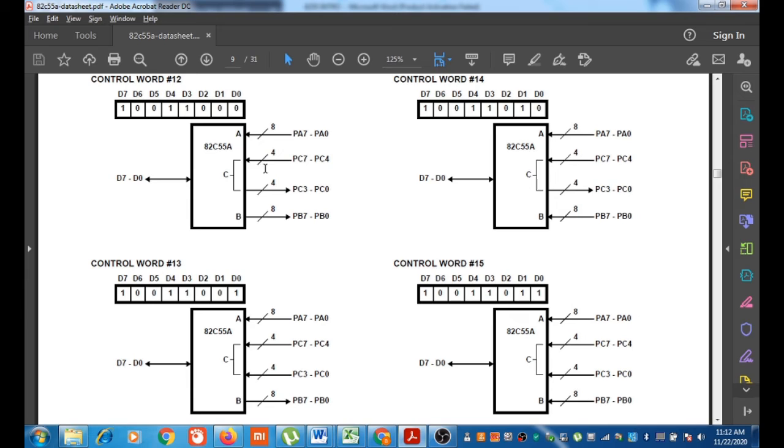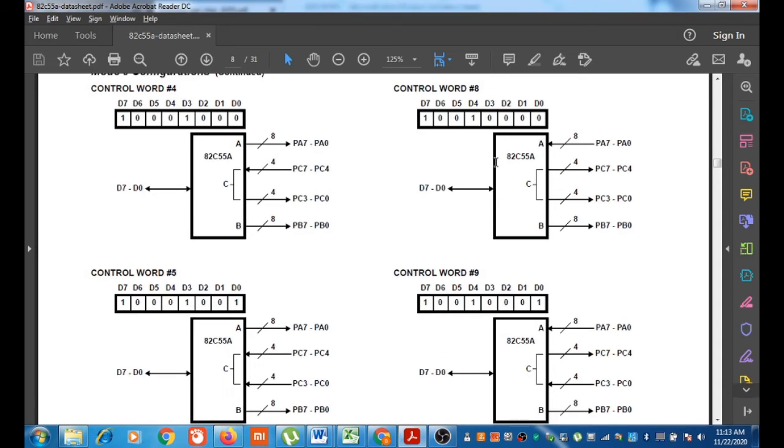We are not using port C, so we can use either 98H or 99H. See the control word 8. This will configure port A as input port, port B as output port and port C as output port.